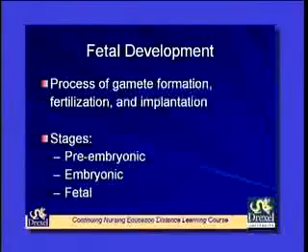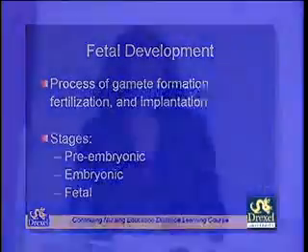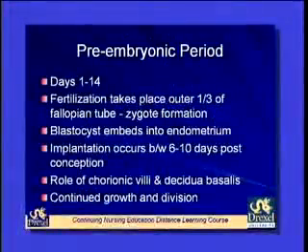With regards to stages, we have the pre-embryonic, the embryonic, and the fetal stages, which I'm going to talk about. The pre-embryonic stage occurs between days 1 to 14. So again, you're talking about once there has been a union between sperm and egg. Fertilization takes place again in the outer third.